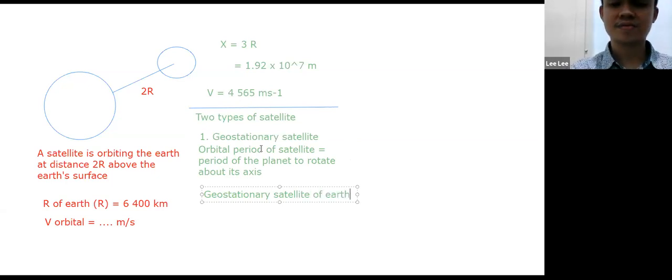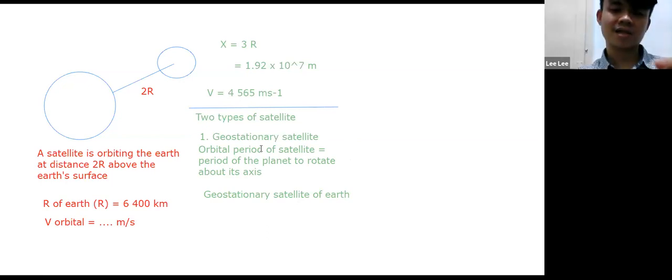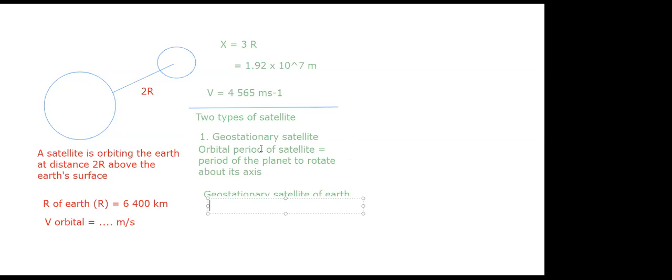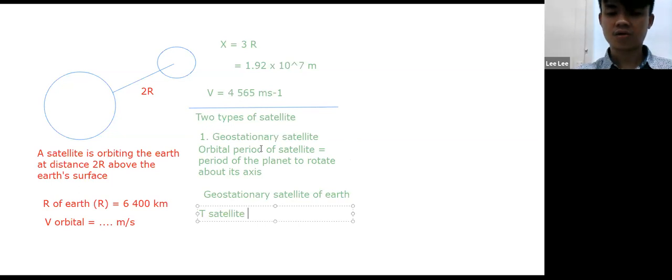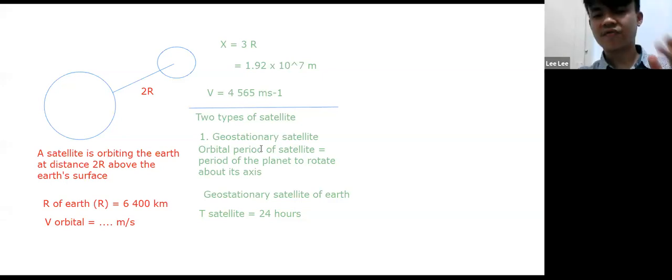What is the period of Earth to rotate about its axis? 24 hours. So the period of the satellite also has to be 24 hours. So the period depends on the planet that it is orbiting.